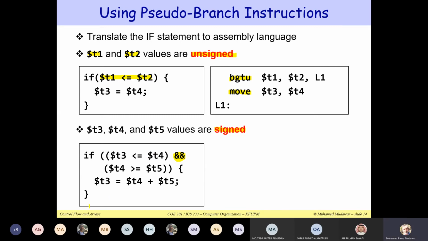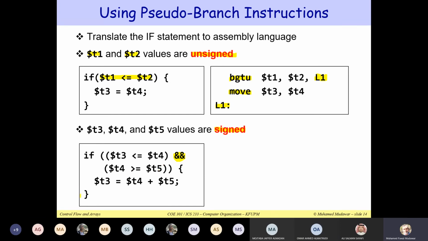I have to branch outside the if statement. So I have to use a label here, and this label has to be outside, after the if statement. What should be the next instruction? Branch less than. Exactly, strictly less than.